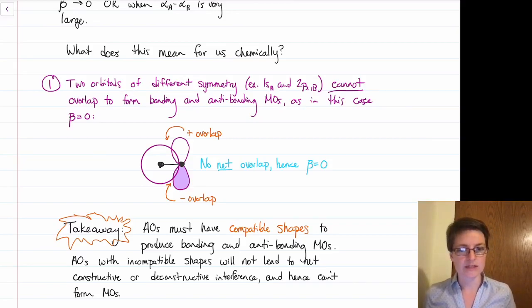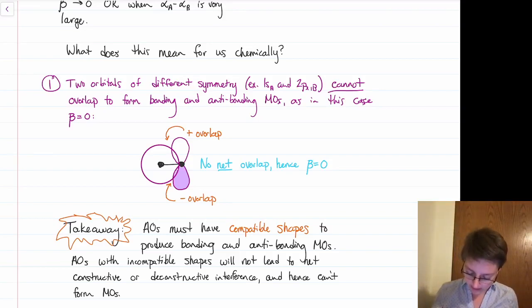So it's no coincidence that in the last lecture, as I was walking us through and enumerating all the different ways that atomic orbitals could combine to form molecular orbitals, we didn't even consider this type of MO combination on our list. It's because this does not form an MO, and we don't need to consider it any further. A takeaway for us should be that atomic orbitals must have compatible shapes to produce bonding and antibonding MOs.